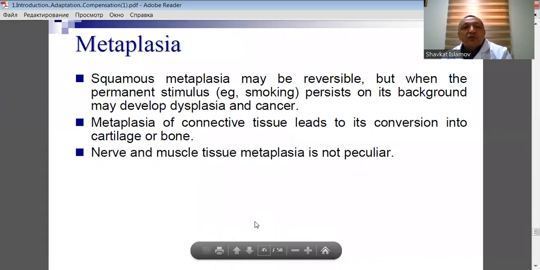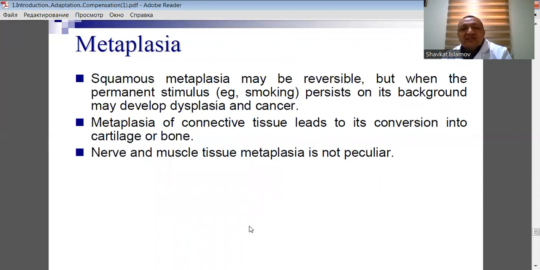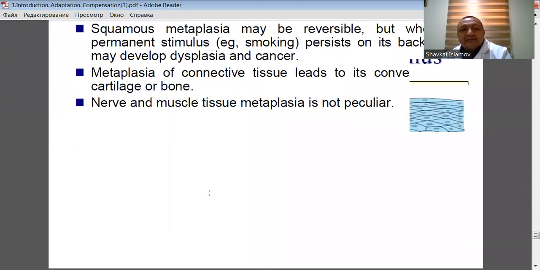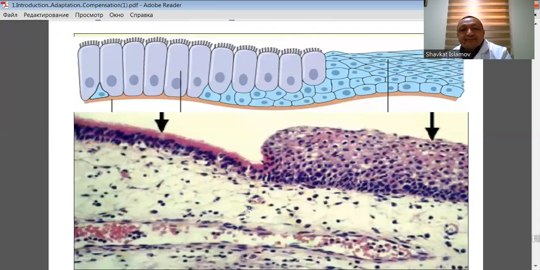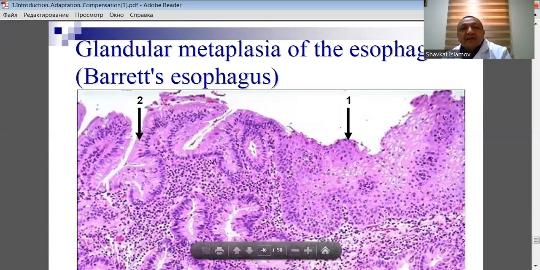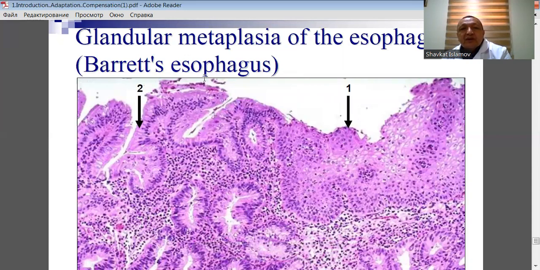Squamous metaplasia is reversible, but if the stimulus persists, dysplasia and cancer may develop on its basis. Metaplasia of connective tissue leads to formation of cartilage or bone. Nerve and muscular tissue metaplasia is not peculiar. Squamous metaplasia of the bronchus. Glandular metaplasia of the esophagus, Barrett's esophagus.